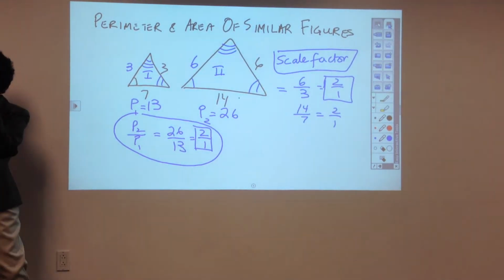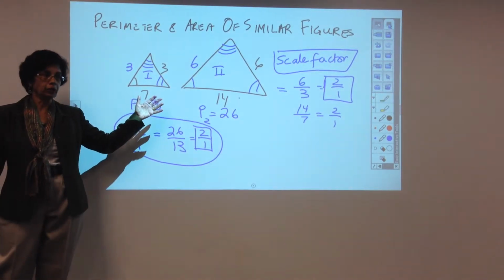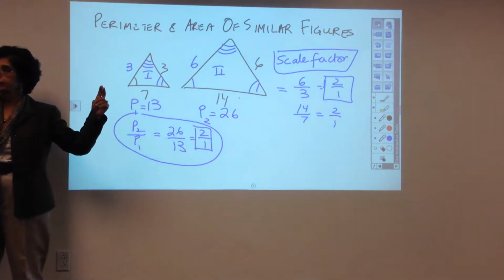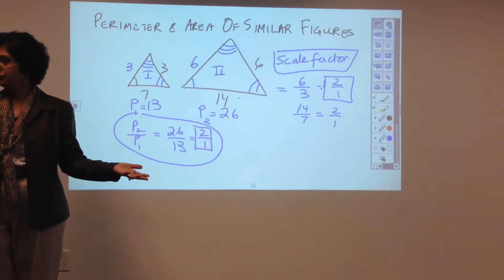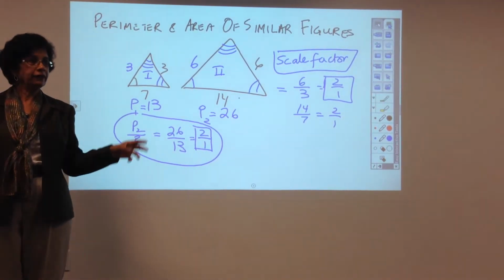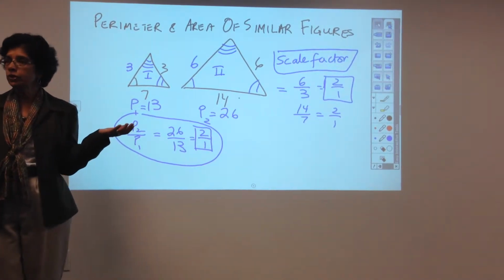So if two figures are similar, it doesn't have to be a triangle, it can be any polygon. In fact, not just polygons, circles are always similar because they have the same shape, don't they? And the radii will always be in a certain ratio.